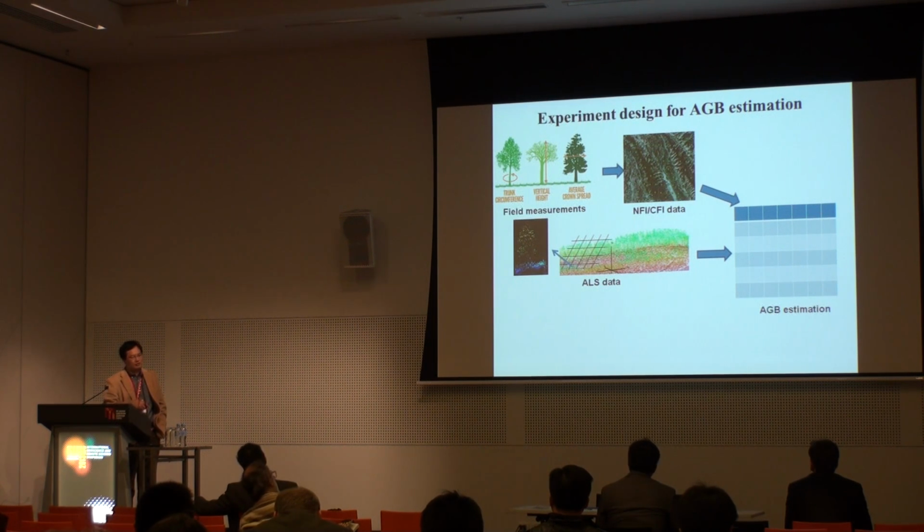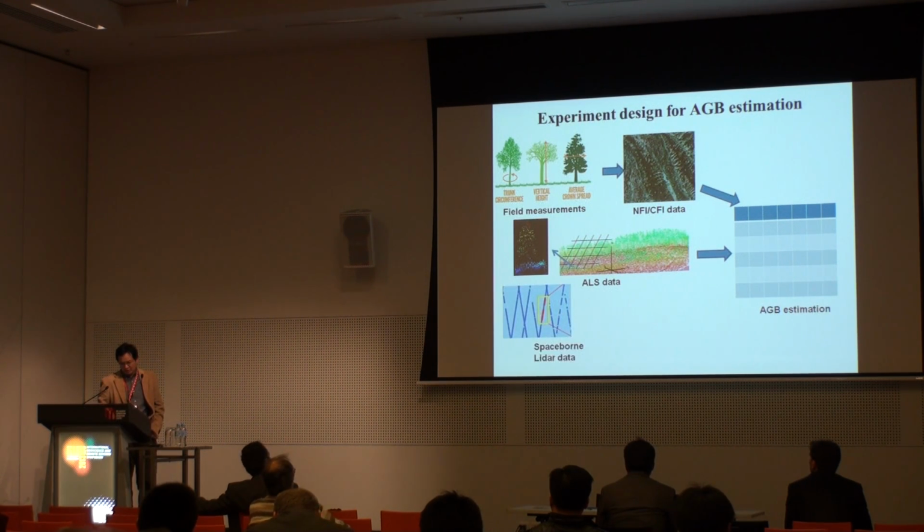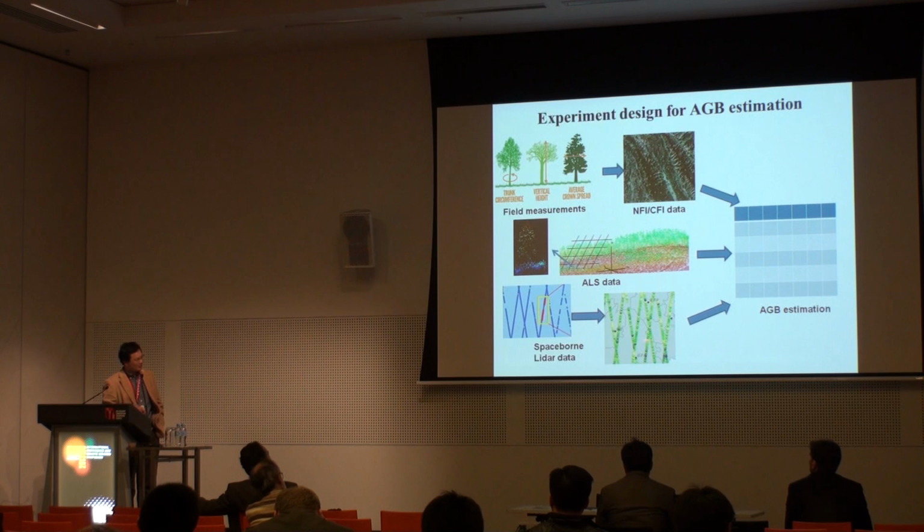Now we are trying to use airborne LiDAR to fly some strip samplings and then do the estimation. But again, it's still only statistical numbers, no continuous map. And we also try to use the spaceborne LiDAR, ICESat GLAS data. And this also only gives us discrete estimations of the total biomass.